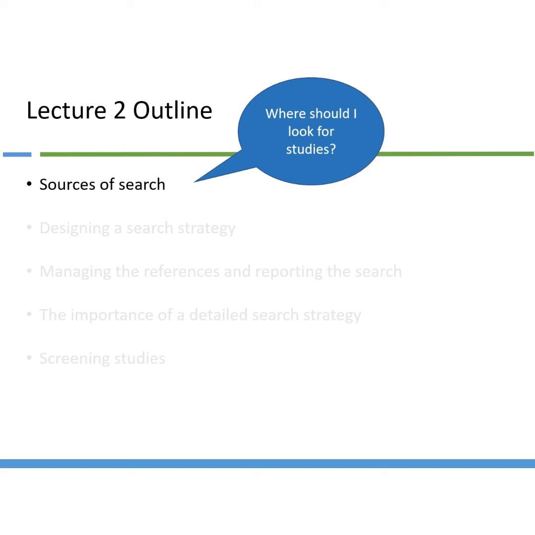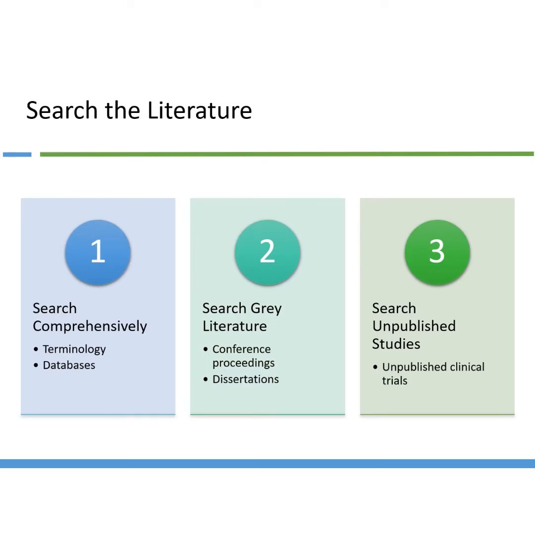So where should you look, basically? You should have a comprehensive search, have a detailed terminology, include the databases you want to search. You search the gray literature, like conference proceedings, dissertations. We're going to discuss this in a few slides, and search unpublished studies like unpublished trials and registries, for instance.